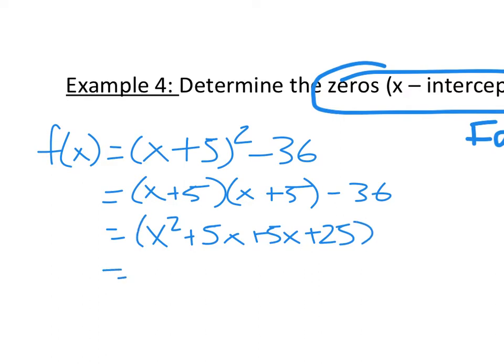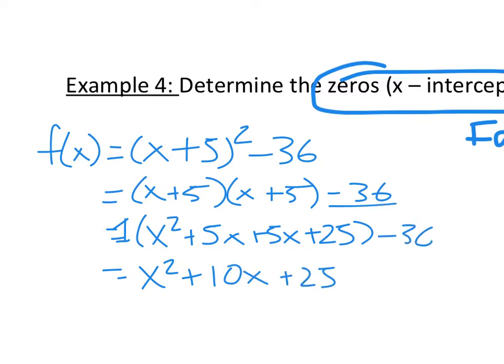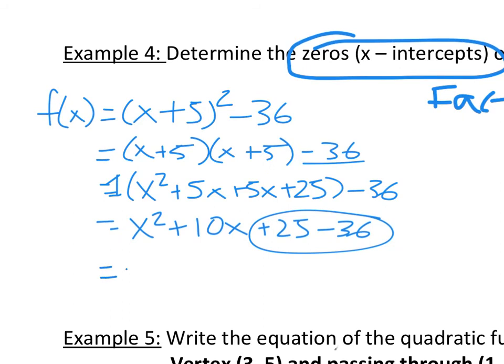We'll collect any like terms and multiply by the 1 that's in front, which when multiplying by the 1, doesn't change anything. So we've got x squared plus 10x plus 25. Oop, I forgot that negative 36 at the end. So let's just bring that down. Then 25 minus 36, we can finish it off as x squared plus 10x minus 11.